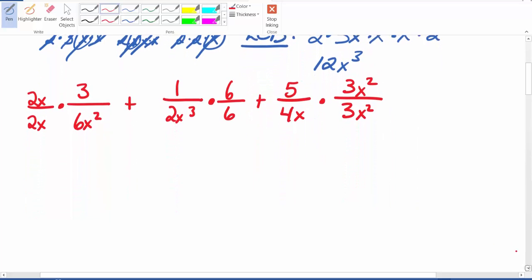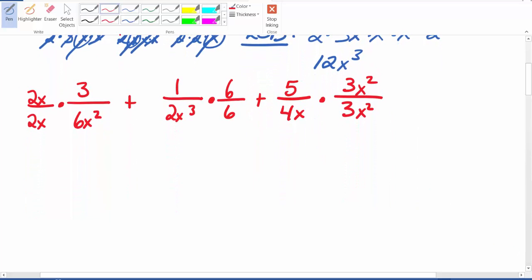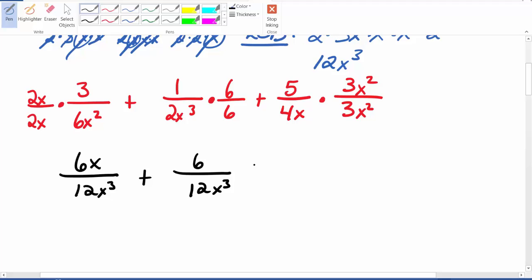Now we can go ahead and distribute our tops. So when we do that for this top leftmost, we end up with 6x divided by 12x cubed, plus 1 times 6 is just 6 divided by 12x cubed, plus 15x squared divided by 12x cubed.